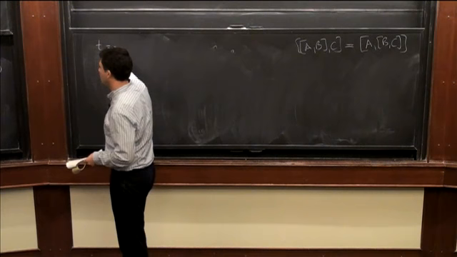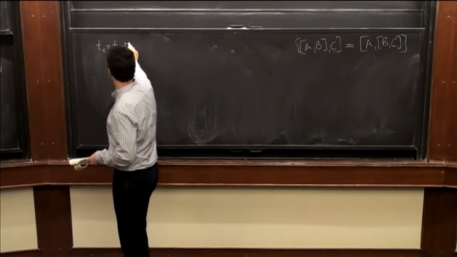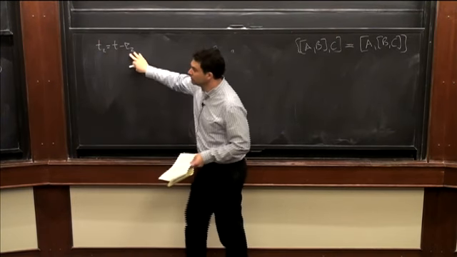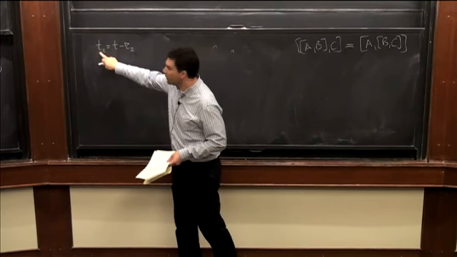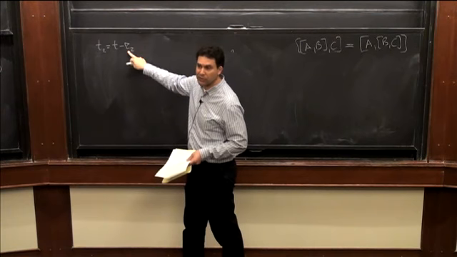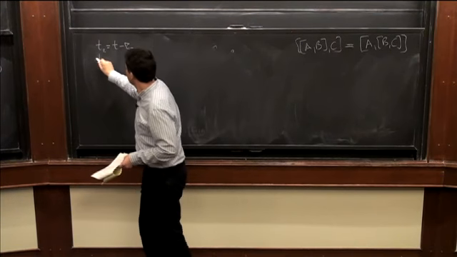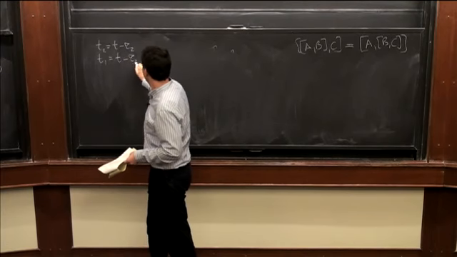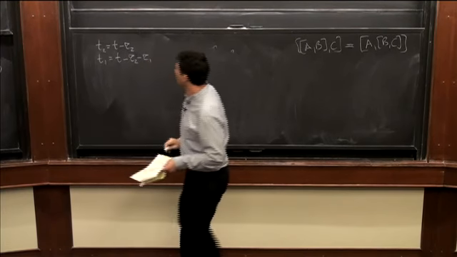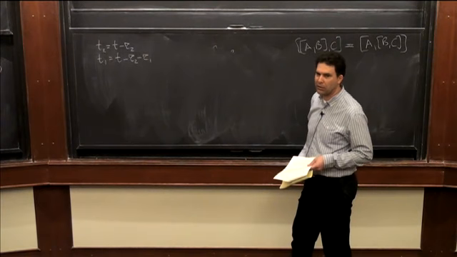T2 is equal to T minus tau 2. We're just trying to write time points in terms of time intervals. And T1 is going to be T minus tau 2 minus tau 1.